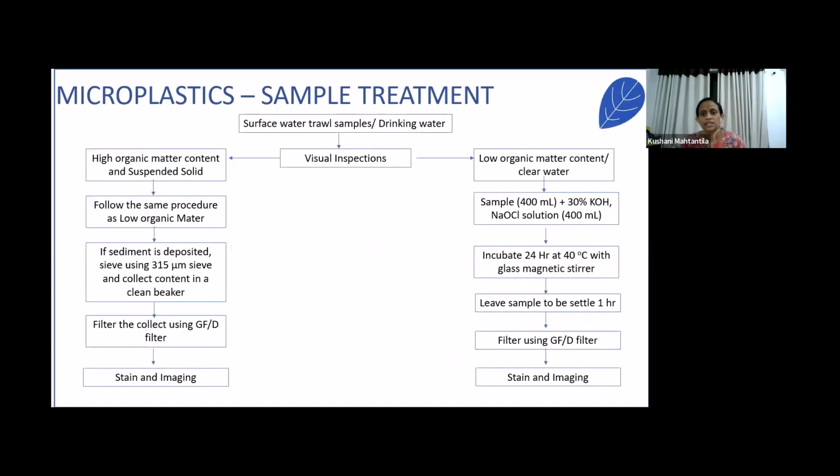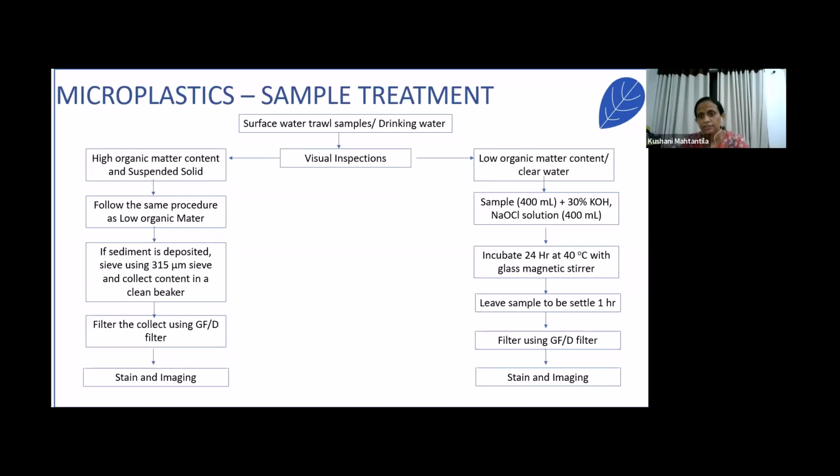However, in my laboratory, for the sampling of environmental waters, as I showed earlier, I use manta trawls, and for drinking water, I take the bottles from the production, at least 3 bottles from one batch, and do the visual inspections. This is the method I used.